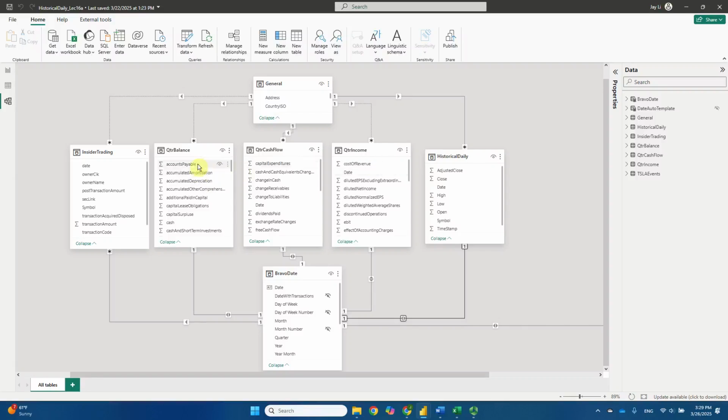For the balance sheet table, again, we have both Apple's balance sheet from 2020 to 2024 and Tesla's from 2020 to 2024. So in each of those tables, we are looking at a combination of stocks for a period from 2020 to 2024. In this case, if we use the date field alone, we cannot determine or identify a particular observation in that table.